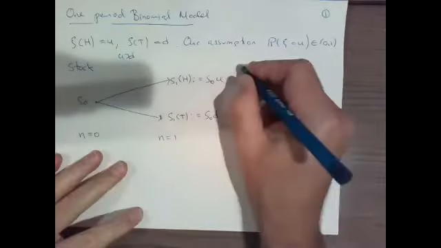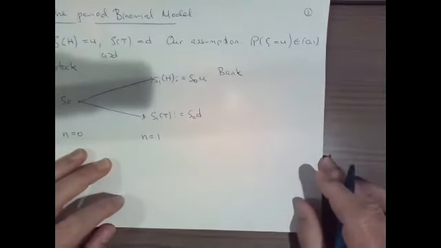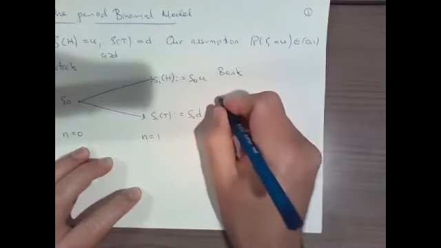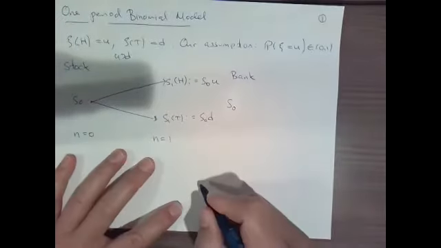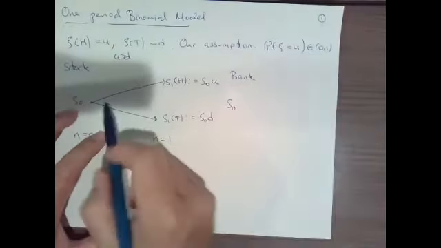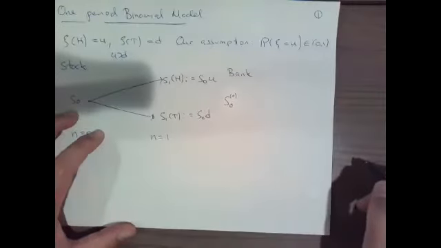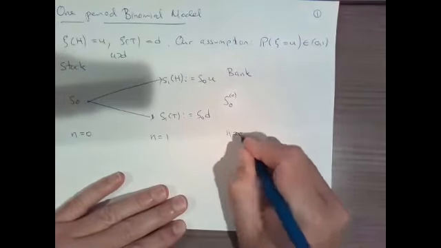The other one we want to have is the bank, and the bank looks very similar. Again S denotes its price, so there'll be the bank price at time 0. To differentiate between the two, I'm going to put a 0 up here. This is where it starts out, at time 0.